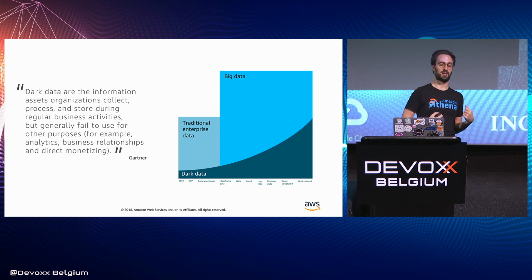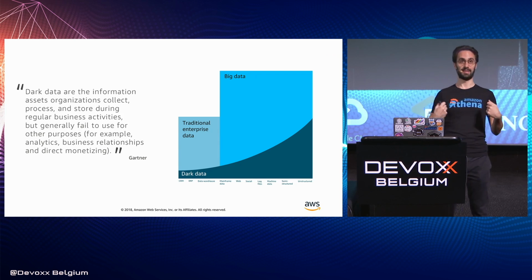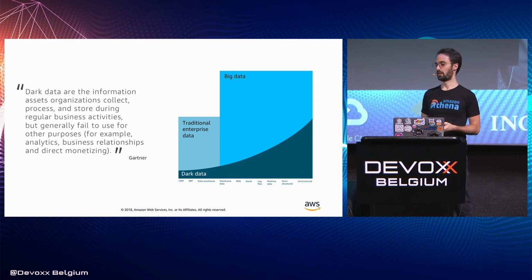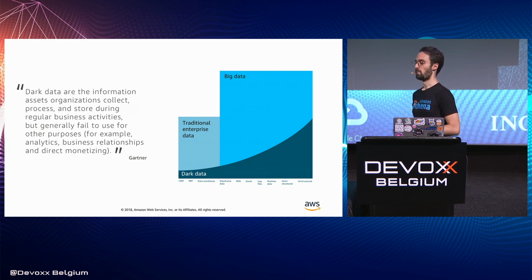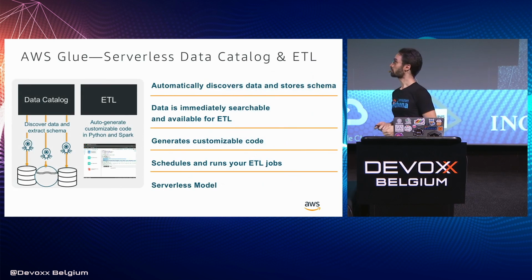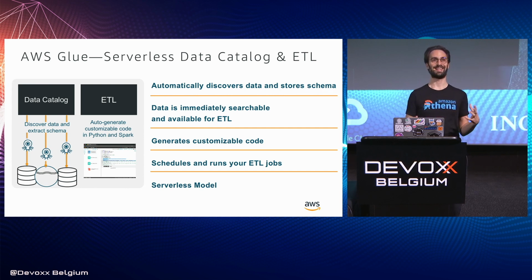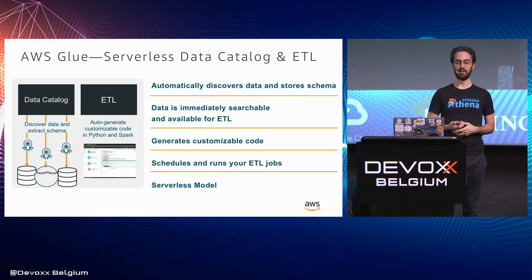You want to have all the tools and the data discovery capabilities and data crawling and exploration capabilities so that this dark data stays as low as possible. Because dark data that you have no idea what it is is useless data. You don't want that. That's why we have Glue. That's why AWS Glue will help you build a data catalog. How do you do that?